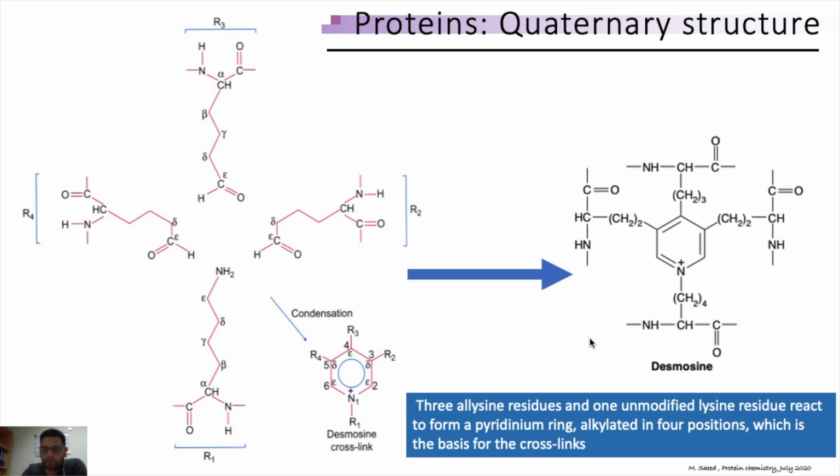So the end result is the formation of this desmosine residue, which connects two to four different polypeptide chains.